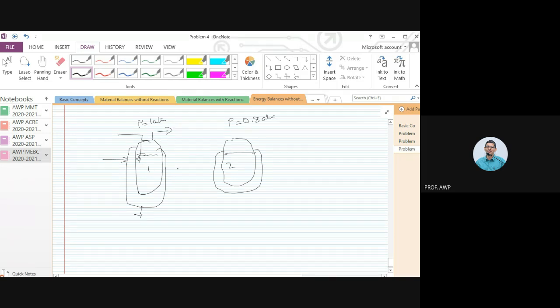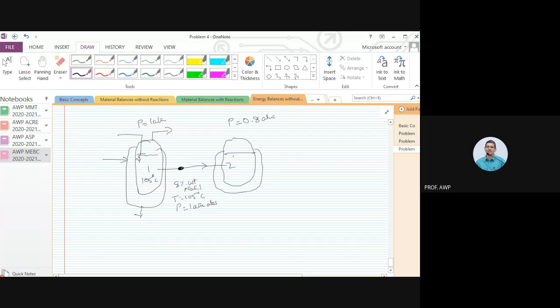This solution going from evaporator 1 to evaporator 2, let's say this temperature is 105 degrees centigrade, maybe it is like 8% by weight NaCl. It has a temperature of 105 degrees centigrade and a pressure of 1 atmosphere absolute. Do you agree with that?